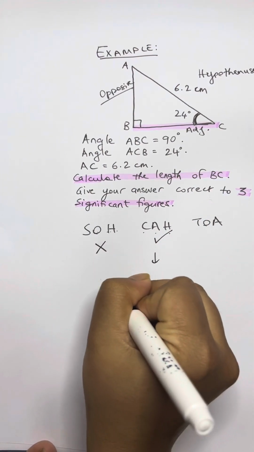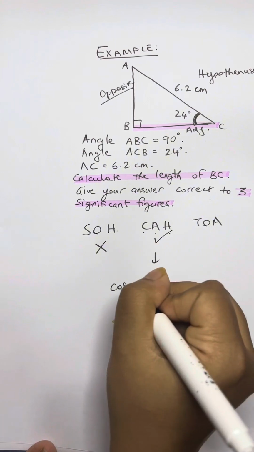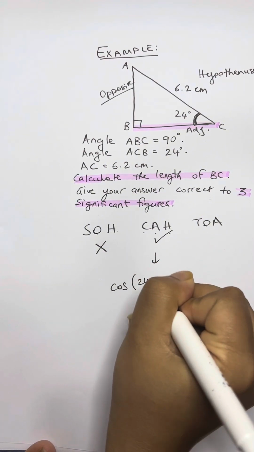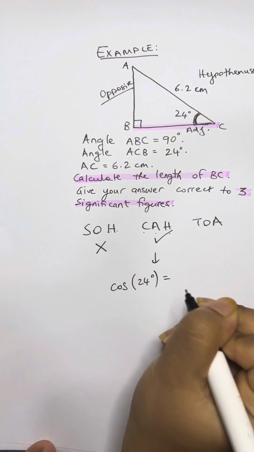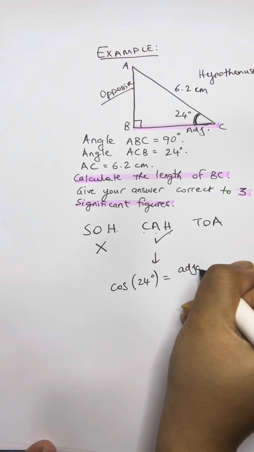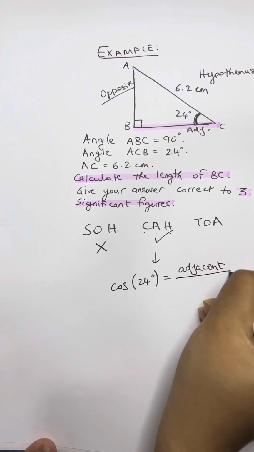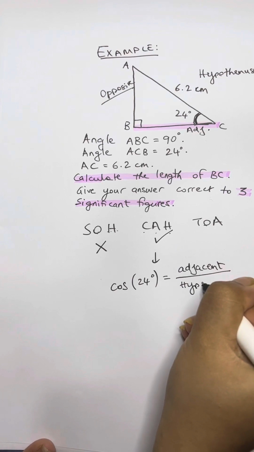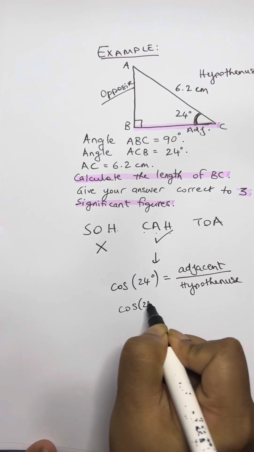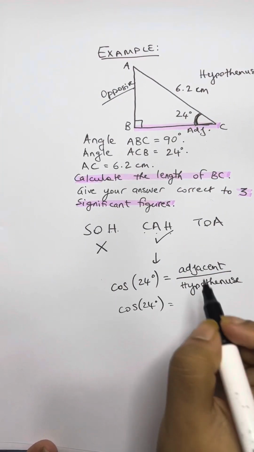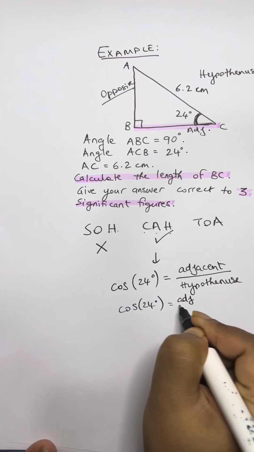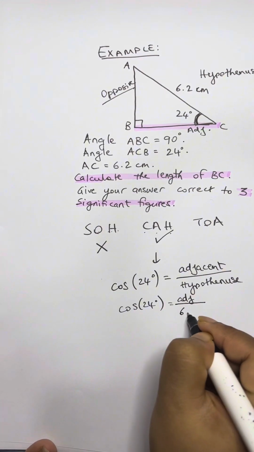So cos of x, in this case cos of 24, equals adjacent over hypotenuse. Cos of 24 equals adjacent, which is still what I need to find, over 6.2.